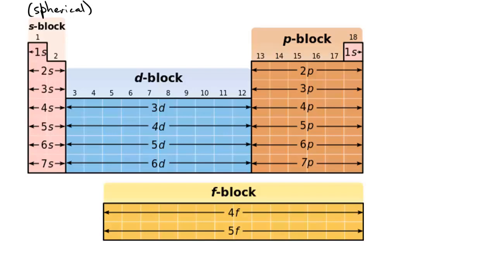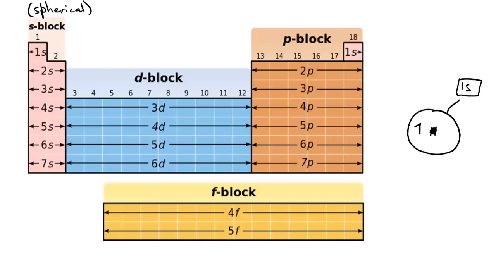So if you draw out hydrogen, you will just have a sphere around it, right? If that's the nucleus, then you only have a sphere around hydrogen, and because hydrogen is the very first element, it's only going to have 1 electron in that first 1s subshell. So this is the 1s.